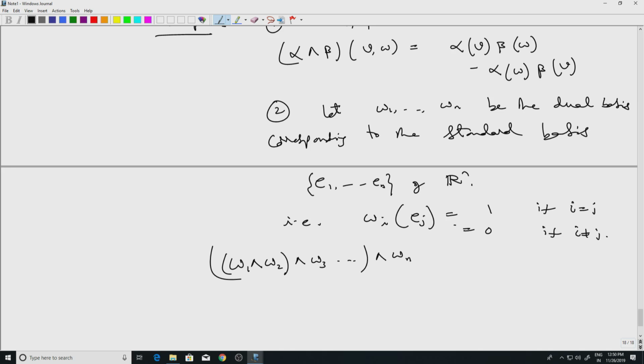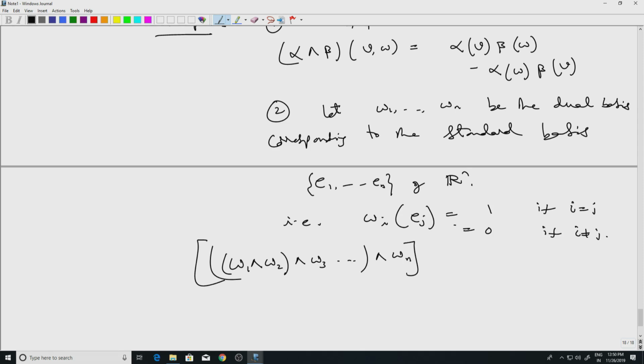Unlike tensor products where it's quite straightforward to check that it's an associative operation, here it requires a bit of work, but it is in fact true that the wedge product is also associative. So I don't have to be concerned too much about where I put the brackets. But at this stage, let's keep the brackets and proceed with the calculation.